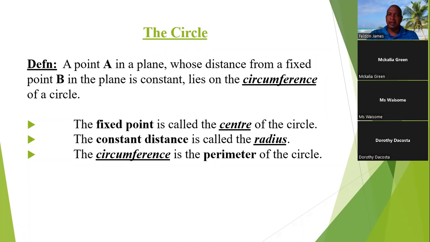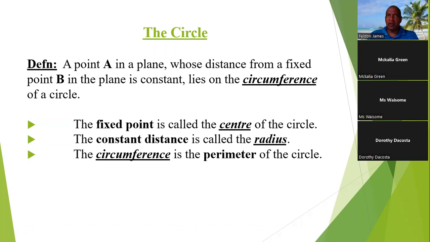Now the fixed point at the center of the circle, we generally refer to it as the center. Now the constant distance from the center, when you move that line right around in what we call a rotation or a revolution, that constant distance is going to be the radius.